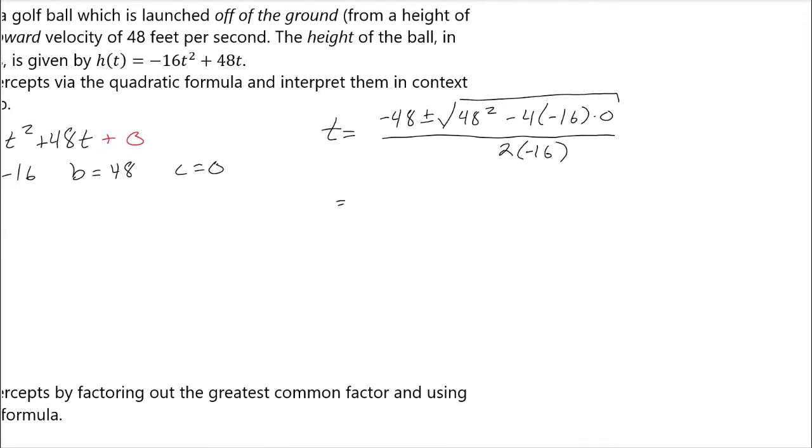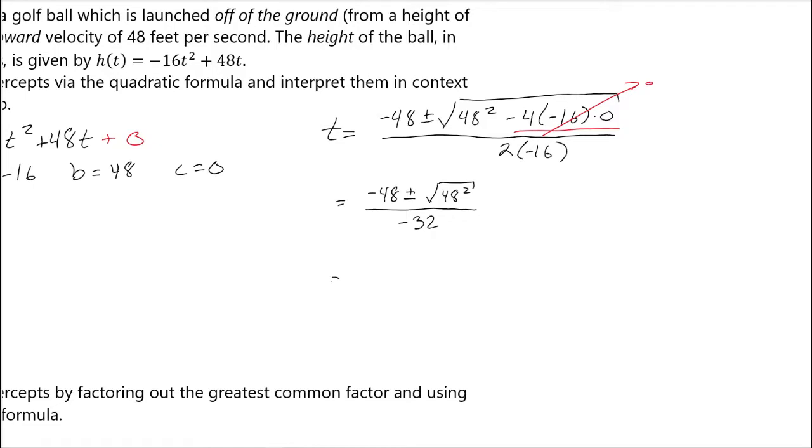So one nice thing is that 0 in here, this will all go to 0. So we're going to have negative 48 plus or minus the square root of 48 squared. I'm not going to worry about figuring out what it is. The 0 cancels the rest out, and then all over negative 32. 2 times negative 16 is negative 32.